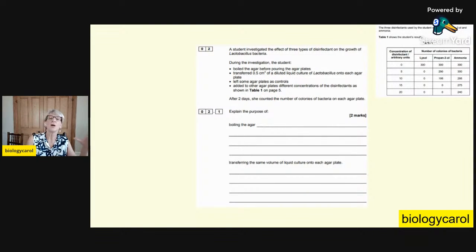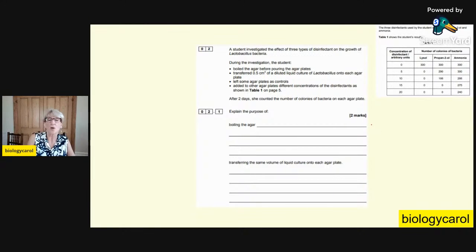Boiled the agar, put 0.5 centimeters cubed onto each of the agar plates, left some agar plates as controls, but then added to other plates different concentrations of the disinfectants, as you can see in this table. So we've got Lysol, propan-2-ol and ammonia with various concentrations, showing how many colonies are left after, how many is it, 2 days.